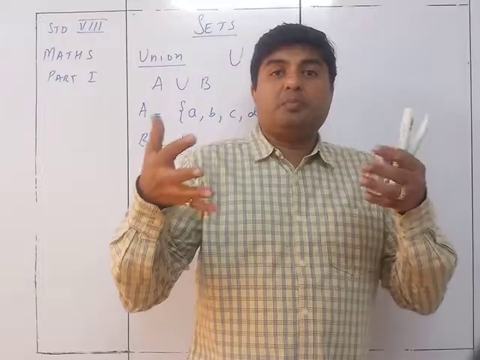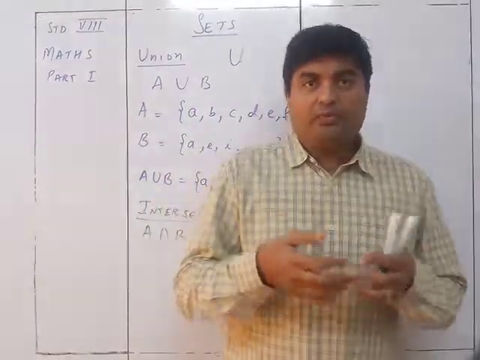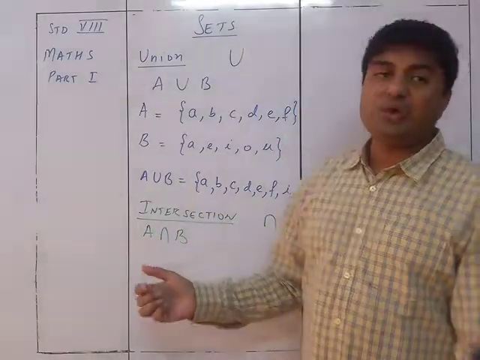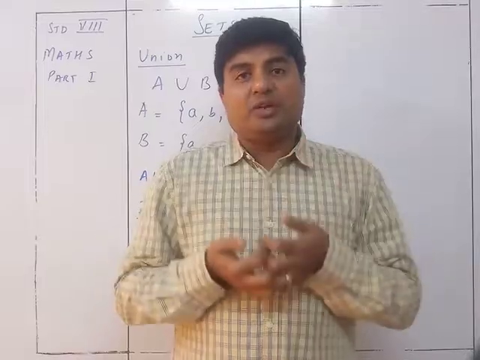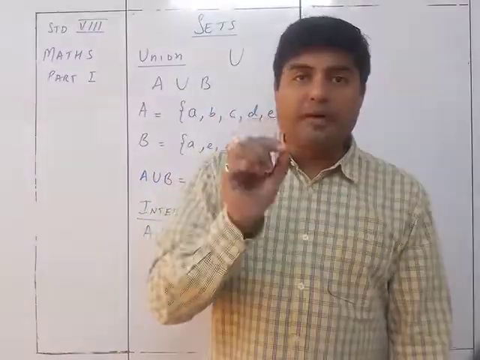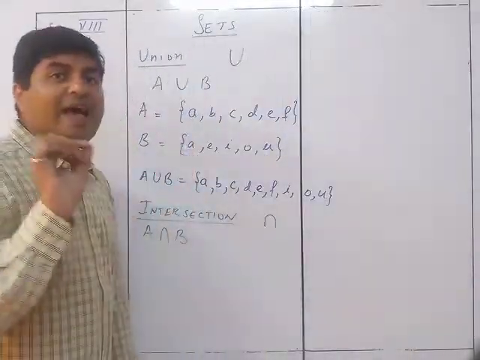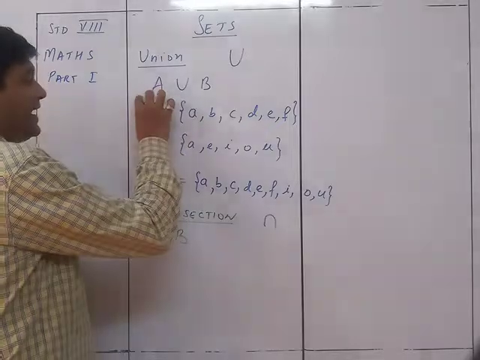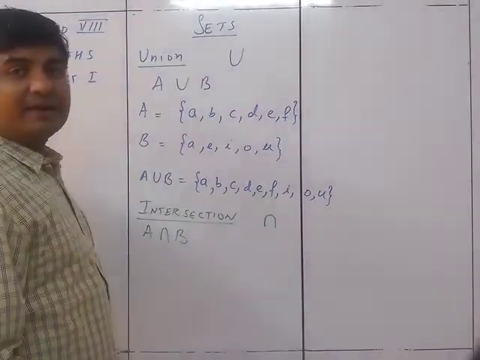Intersection means something which is connecting the two. If A and B are two sets, the one which is connecting the two is the intersection between the two. Connecting means what? The elements which are common between both the sets. Those elements which are there in A as well as in B are the answer for A intersection B.